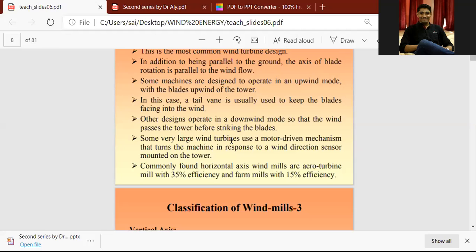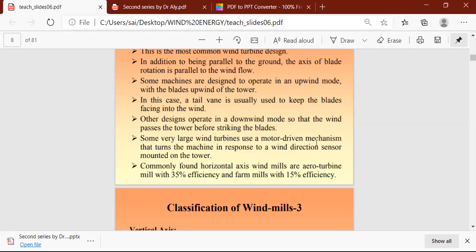Some very large wind turbines use a motor-driven mechanism that runs the machine in response to a wind direction sensor mounted on the tower. Direction sensors are mounted, which means in some wind turbines we can change the direction of the blades as the direction of wind flow changes.